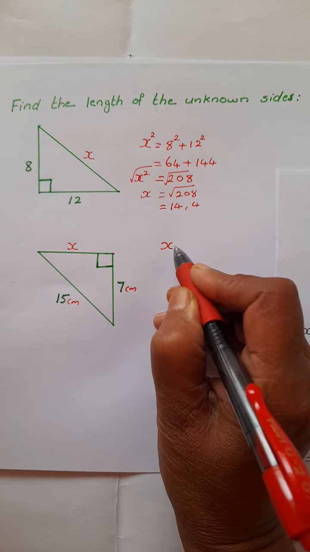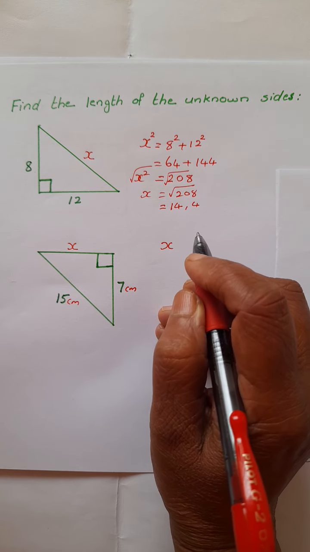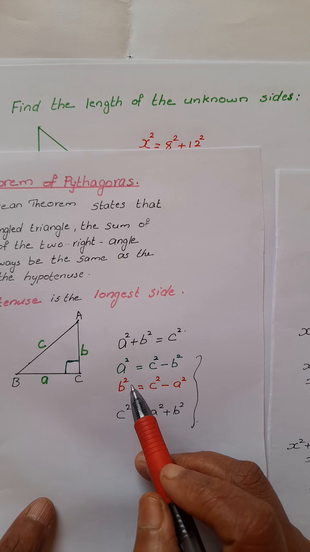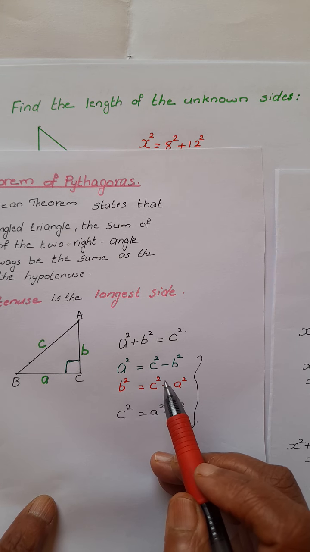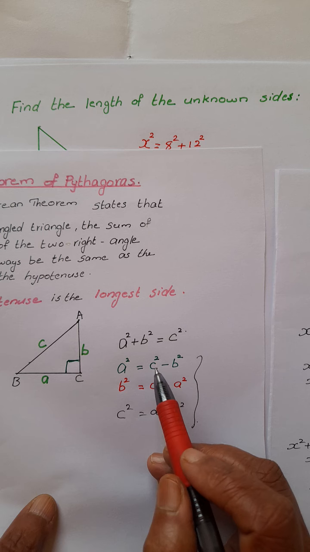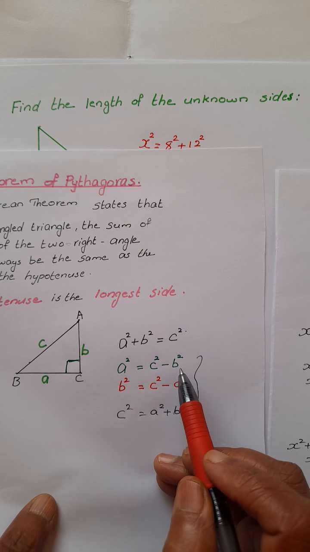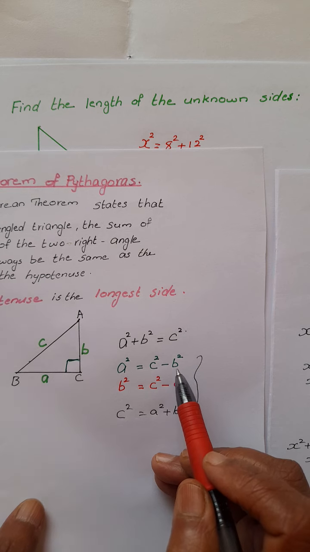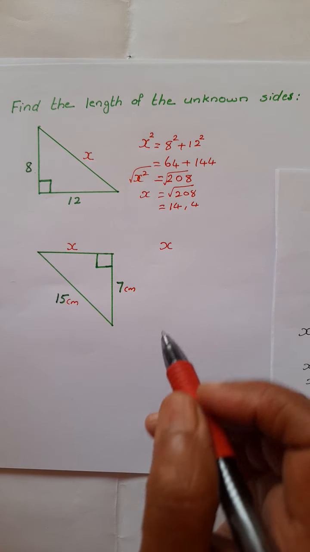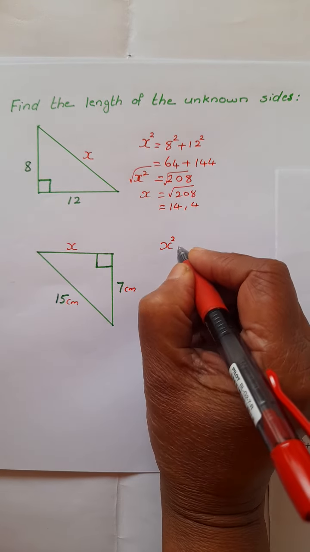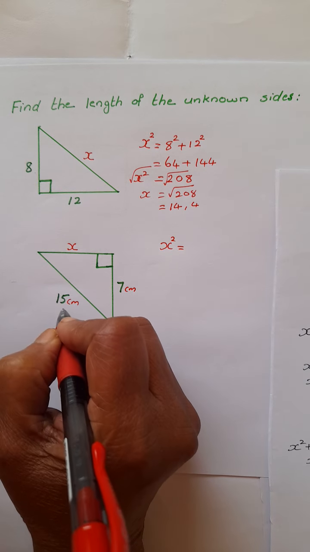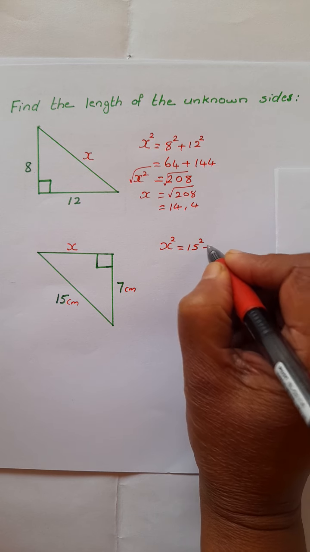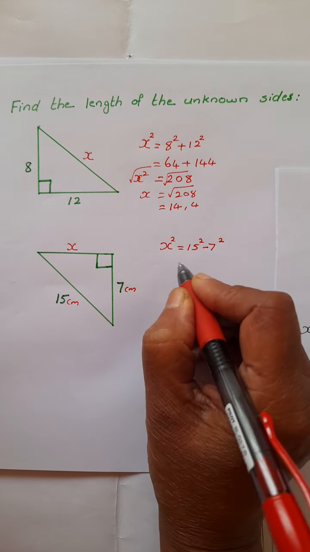As you know from the first example here, if you are calculating one of the right angle sides, you have to subtract, that is the hypotenuse squared minus the square of the other side. So in this case, x squared is going to be equal to, this is the hypotenuse, so it is 15 squared minus 7 squared.